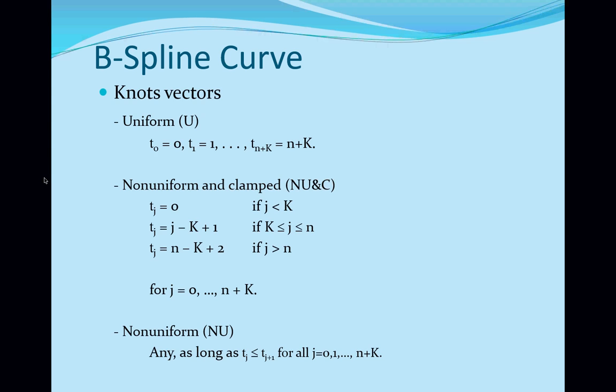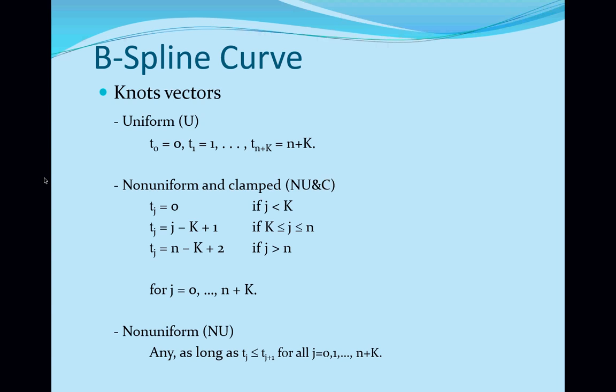Now depending upon the requirement, there are a lot of flavors in B-spline: uniform, non-uniform, clamped, non-clamped, then normal B-spline. Then we have the non-uniform B-spline that we call NURB, and rational B-spline is also available, non-uniform rational B-splines that we call NURBS, N-U-R-B-S.